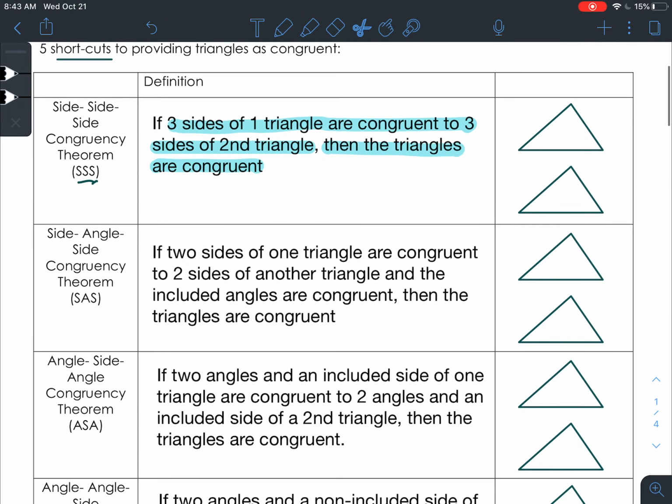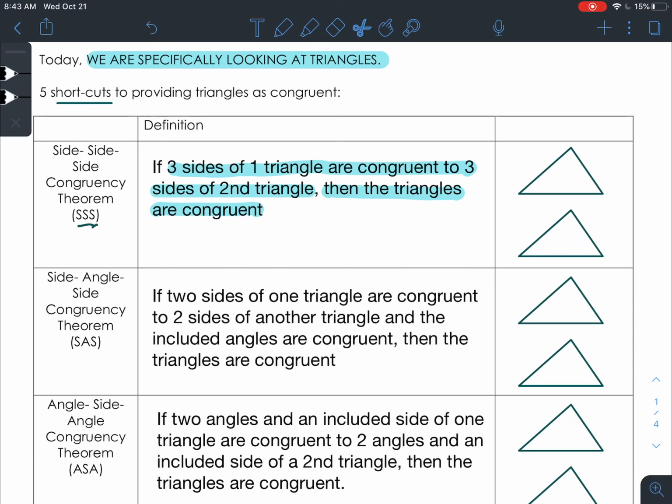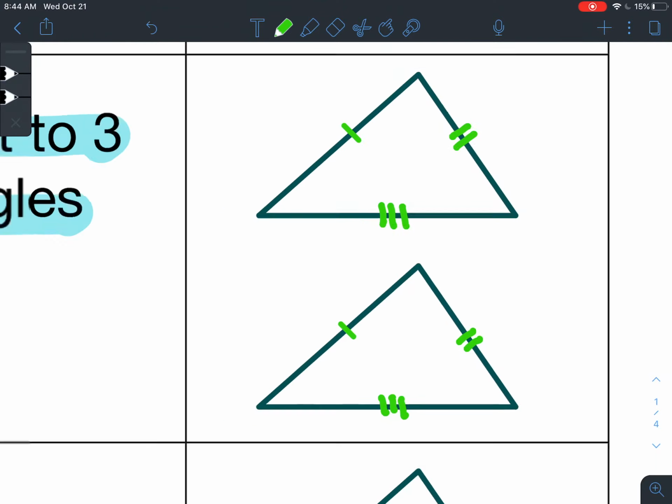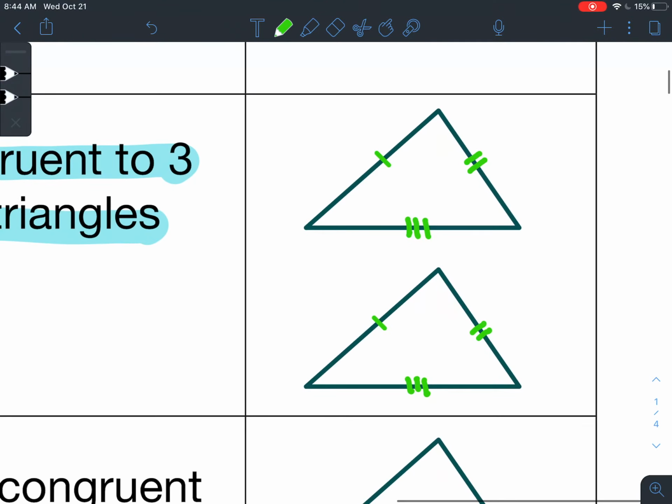Okay. So let's review what this side congruency theorem says again. It says if 3 sides of one triangle are congruent to 3 sides of a second triangle, then the triangles are congruent. What this definition is saying is if I could prove that this side of this triangle is congruent to the corresponding side, and this side is congruent to this side, and then that bottom base is congruent to that bottom base, if I could prove all 3 sides are congruent, then I can state that those 2 triangles are congruent.